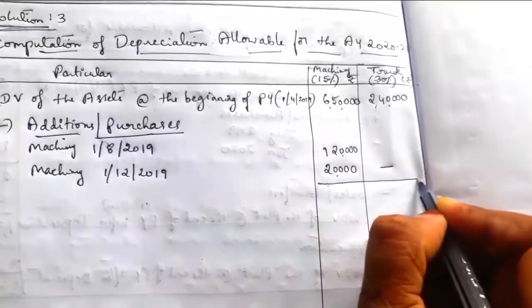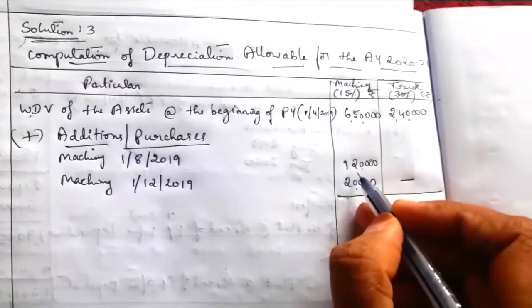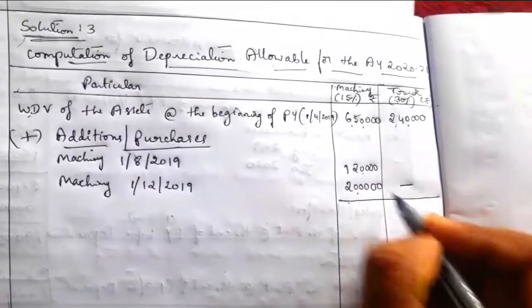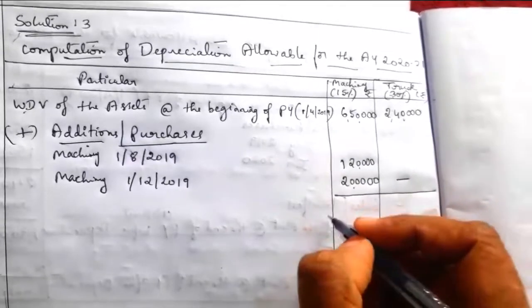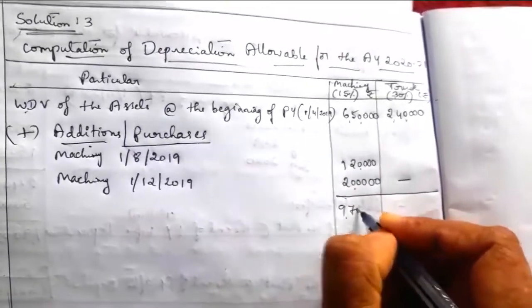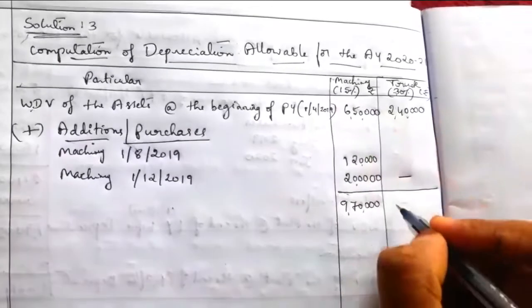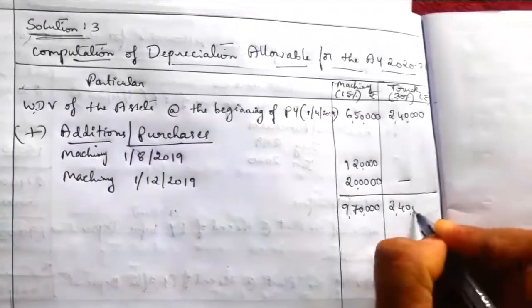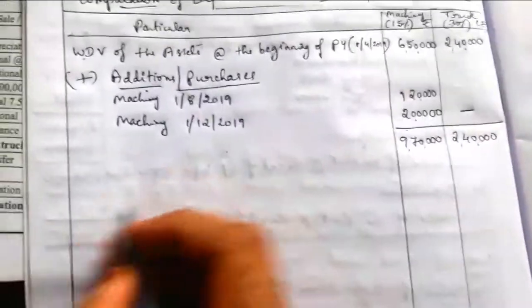So total: 6,50,000 plus 1,20,000 plus 2 lakh, how much? It is 9,70,000. Here we write the same value, 2,40,000. There is no purchase, so the written down value itself is the value after adding purchases.